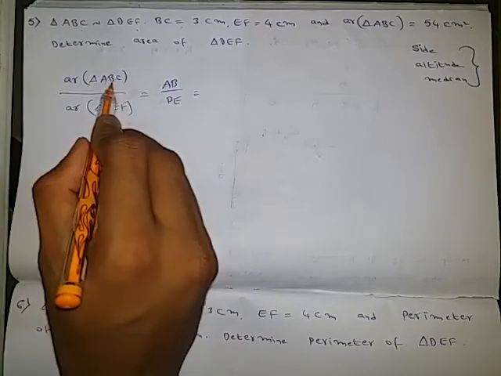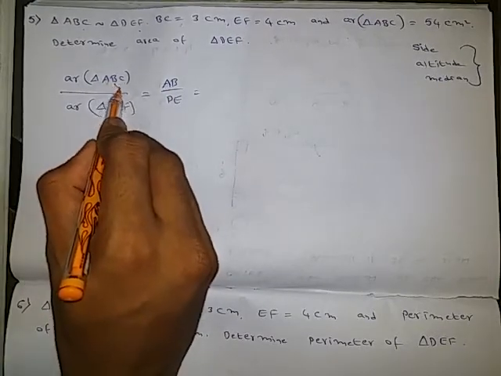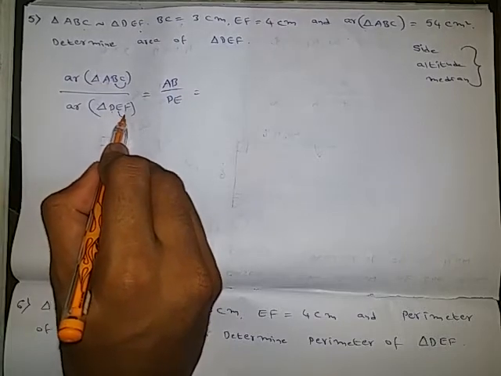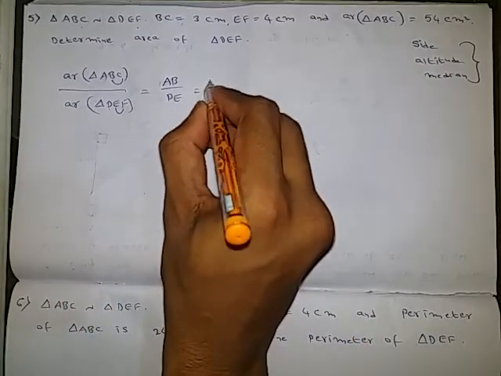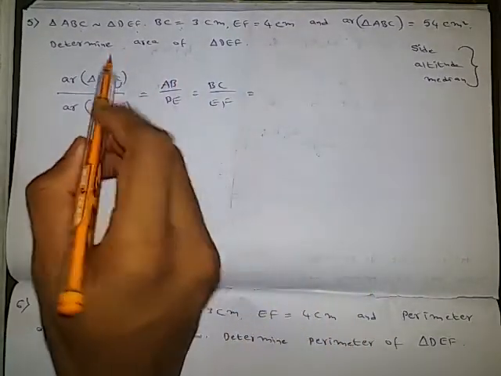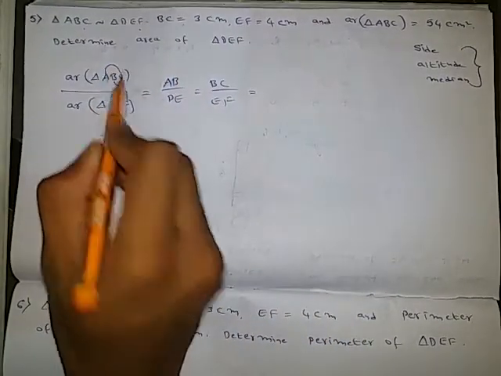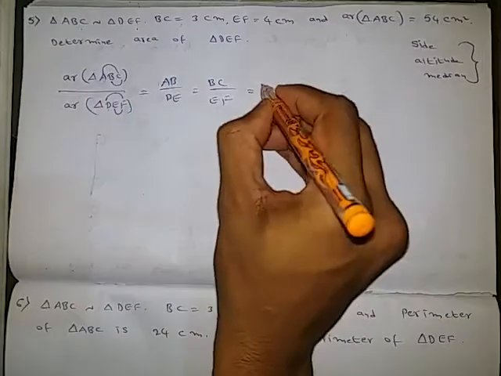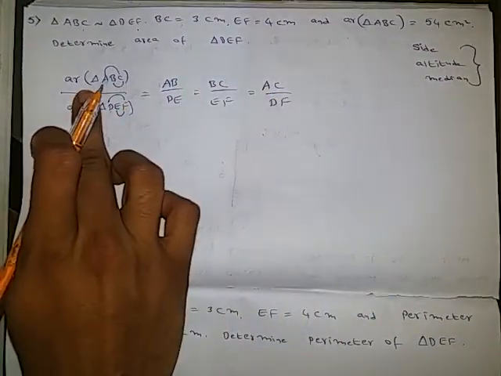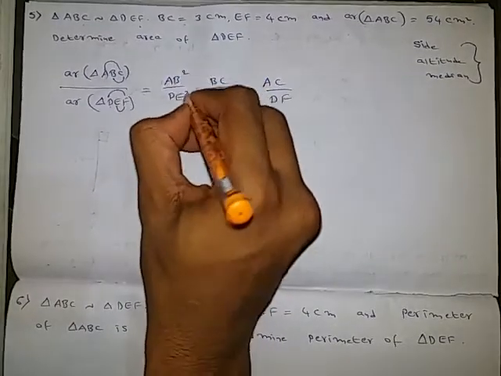From the first triangle if I take the second and third alphabets, that is BC, from the denominator also you need to take only EF. So that is BC by EF, which is equal to, if I take the first and third, here also I need to take first and third only, that is AC by DF. We are going with the areas, so apply squares for everything.